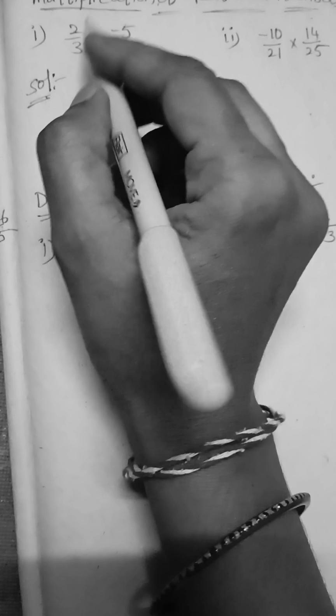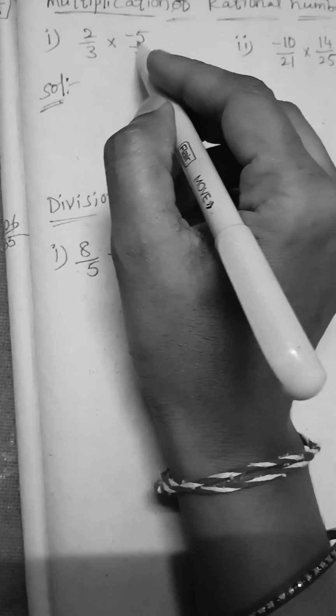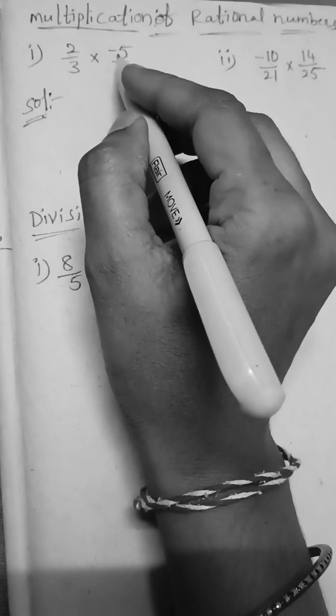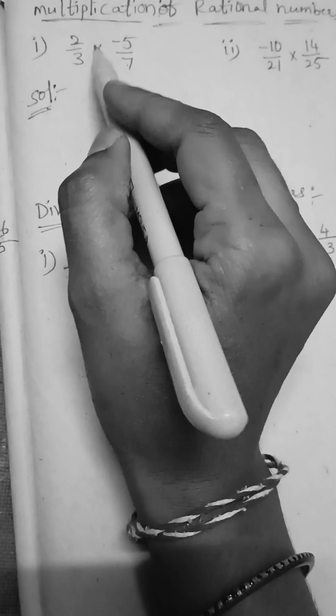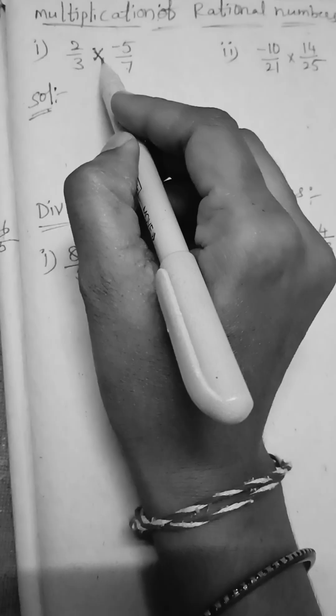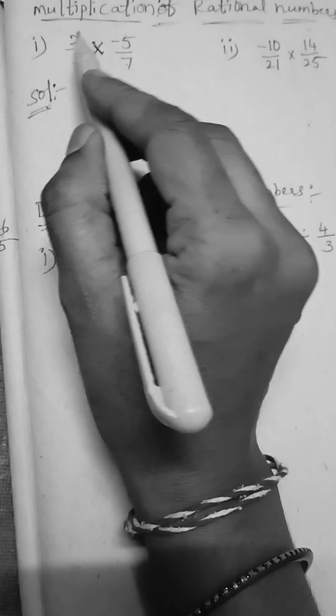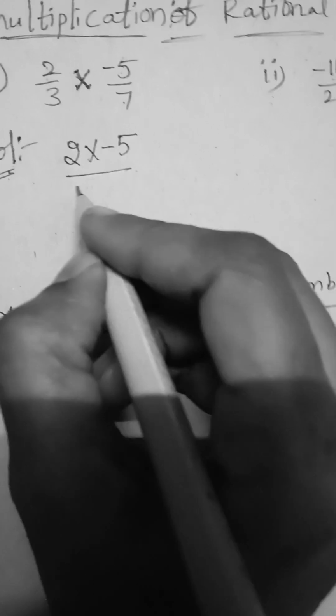Now here this fraction is a positive fraction and this is a negative fraction. Whatever the fractions are, in multiplication we have to do numerator into numerator. I am writing here 2 into minus 5 divided by 3 into 7.